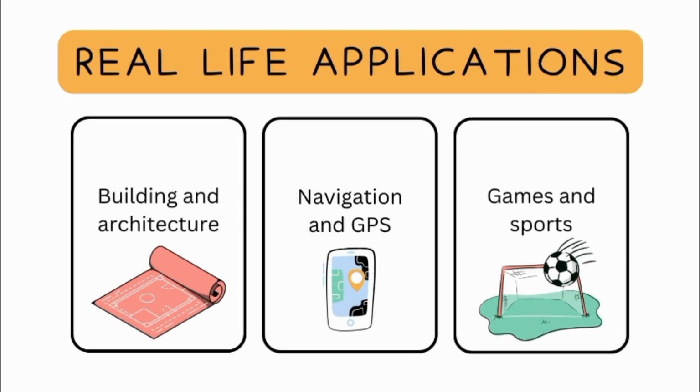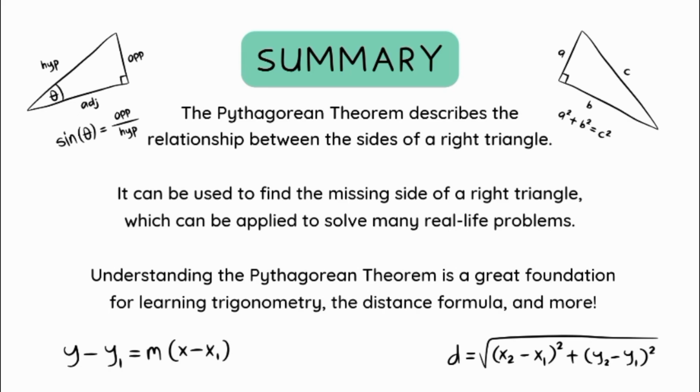These examples show that the Pythagorean theorem has many practical applications in our daily life. Slide 12. Summary. To summarize today's presentation, the Pythagorean theorem describes the relation between the three sides of a right triangle.